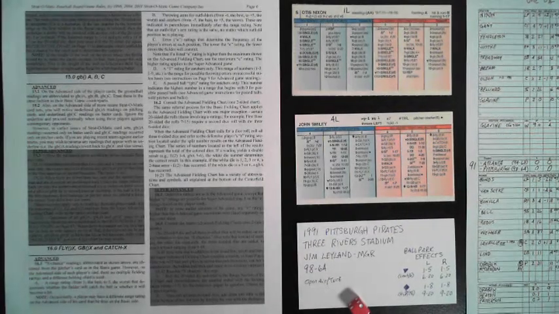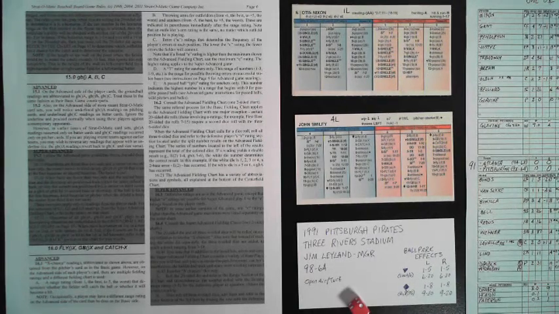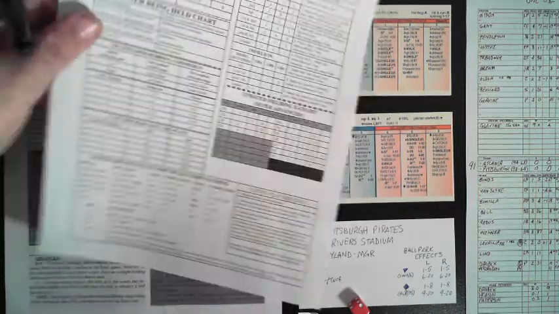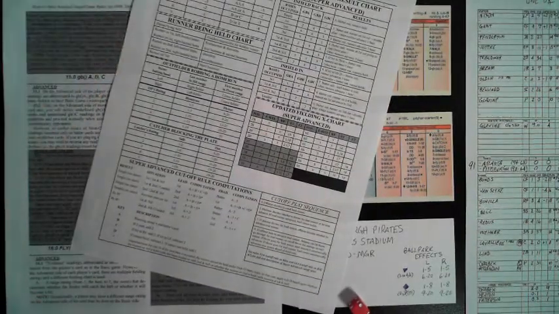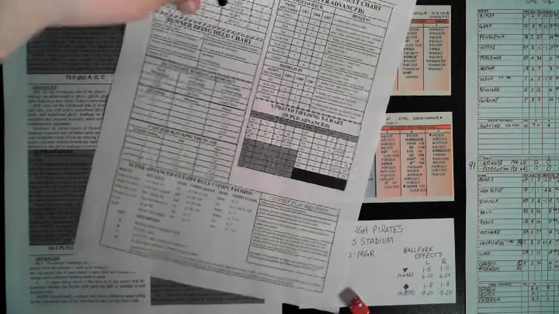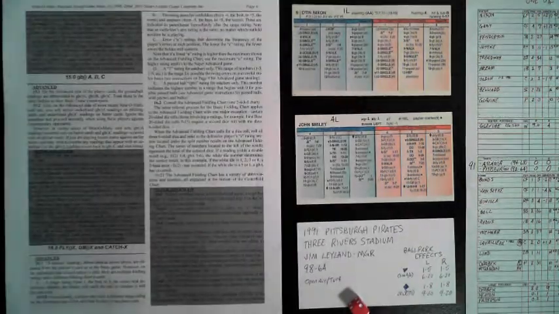There's a runner on first or a runner on second, or with runners on first or second if the corners are in. If ground ball A, B, or C is hit to the first or third baseman, refer to the infield back portion of the chart for play results. We'll just read it again.